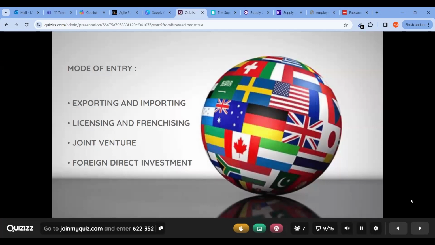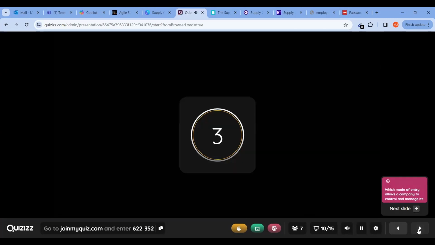So modes of entry: exporting and importing, licensing and franchising, joint venture, and foreign direct investment. True.